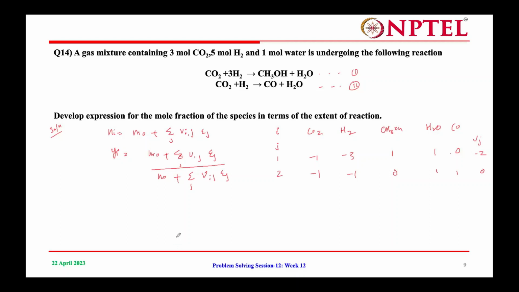Now the total moles initially present, n0 is equal to 3 plus 5 plus 1, that's 9. Right.